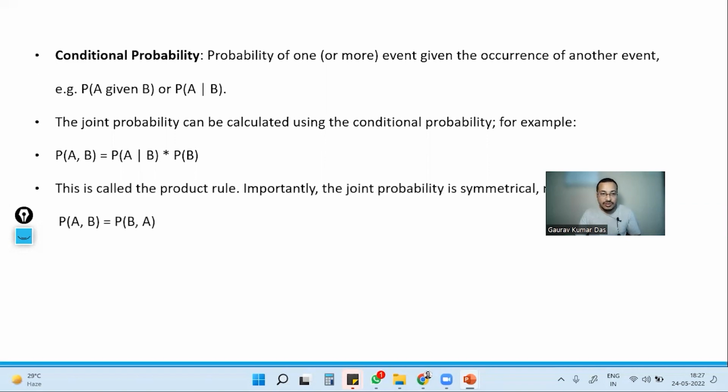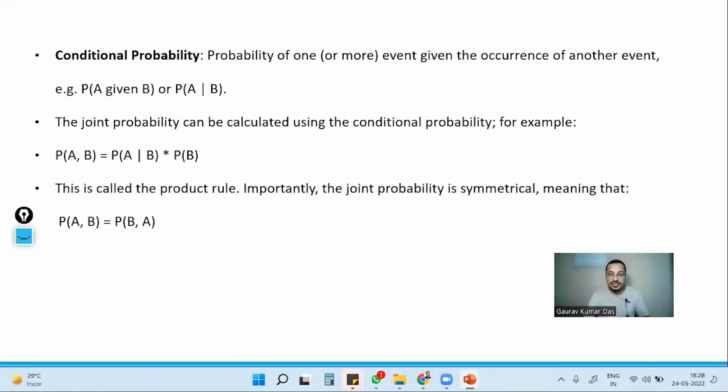This is called the product rule. Importantly, the joint probability is symmetrical, meaning that P of A and B will always be equal to P of B and A, right? So this is called the product rule.